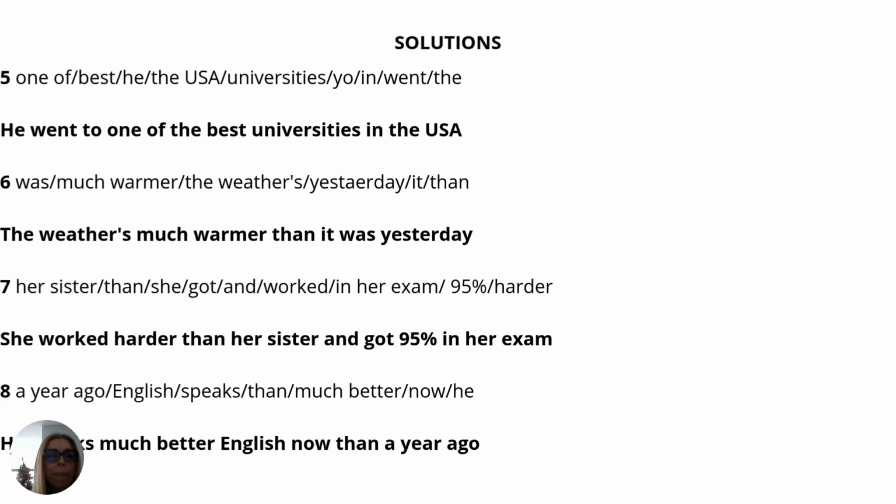Number 6, the weather's much warmer than it was yesterday. In this sentence, there is a comparison between the weather yesterday and the weather today. And number 7, she worked harder than her sister and got a 95% in her exam.